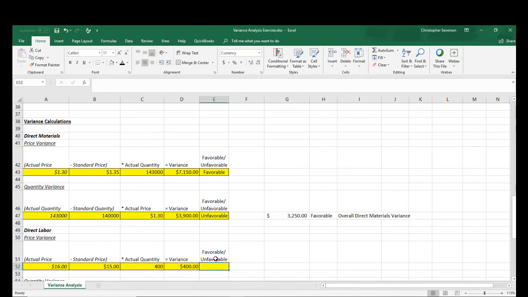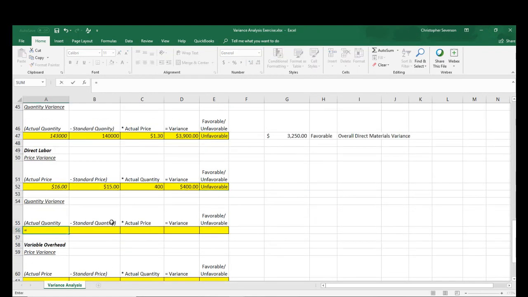So again, whether it's favorable or unfavorable, the only thing that matters is within the brackets. The outside of the brackets just tells you how big the variance is. Whether it's favorable or unfavorable is determined by the items within the brackets. We expected to pay $15, but we paid $16. We paid more. Therefore, it's an unfavorable variance.